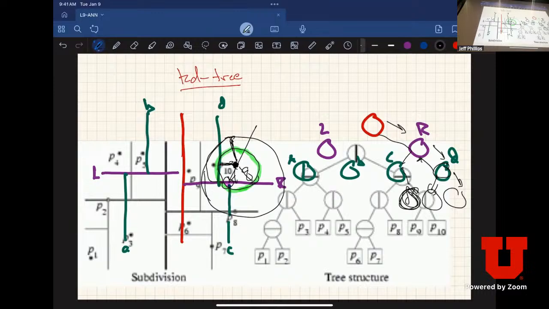There might be a point that's a little bit closer to the query than what I had seen before, did I draw this properly? But not significantly closer.